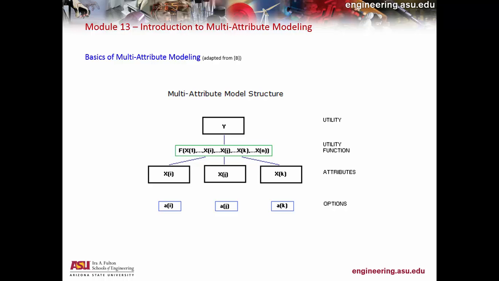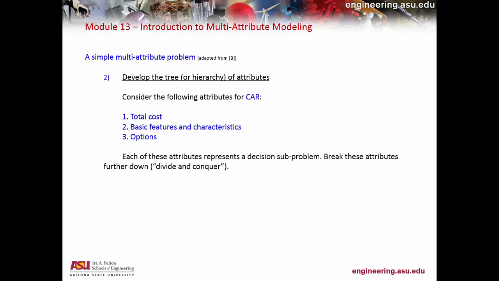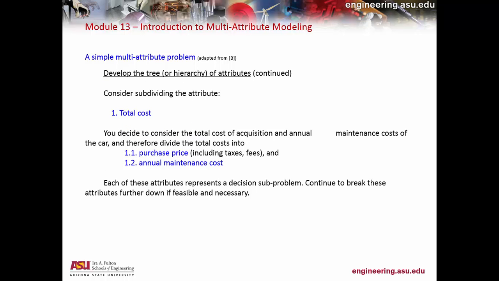These problems fall into what's called an attribute function. You have utility, which is defined by the utility function, you have the variables that drive that utility, and once you solve them, it tells you what your options are. An example is a car: it's cost, features, and options. When you start subdividing cost, what determines cost?